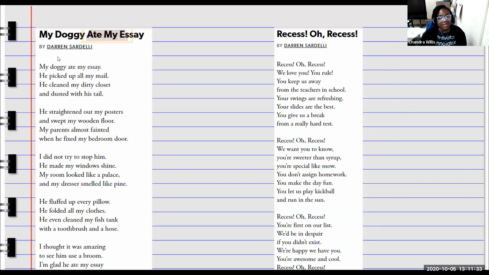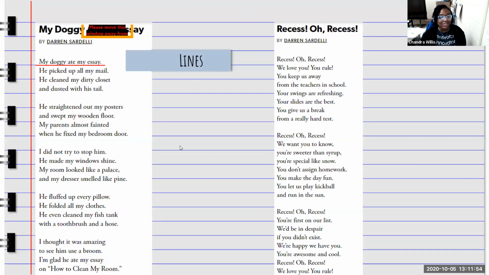Okay, well, the poem didn't say that, but I'm going to read the last stanza. It says, I thought it was amazing to see him use a broom. I'm glad he ate my essay on how to clean my room, right? So the dog knew how to clean because he ate his essay on how to clean his room. That's how he knew how to clean.